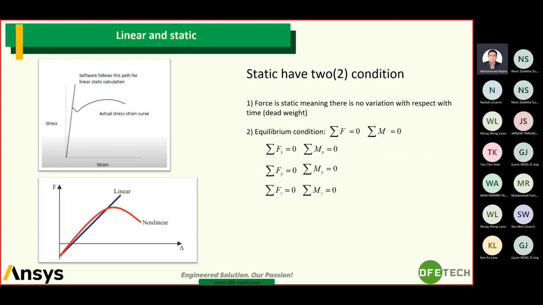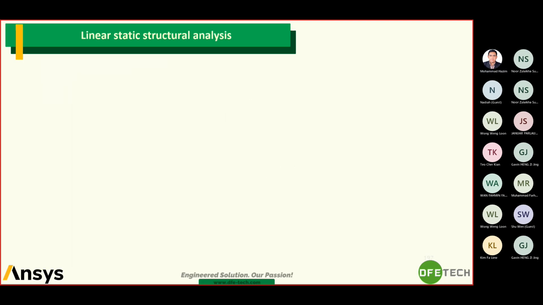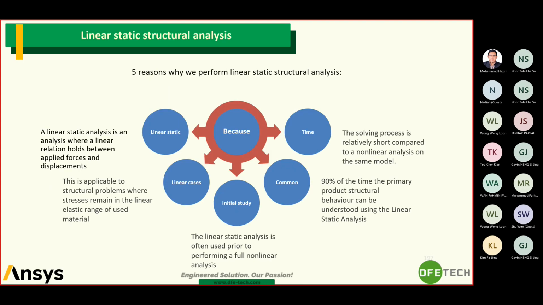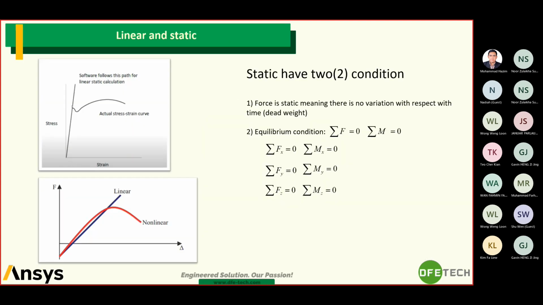As you can see now, structural analysis consists of linear and non-linear behavior of the structural material. For the linear behavior, we assume that the material is not physically deformed.